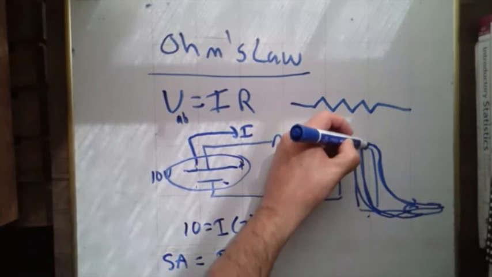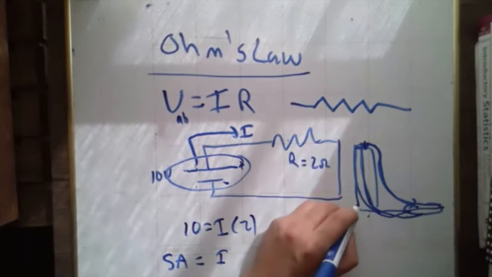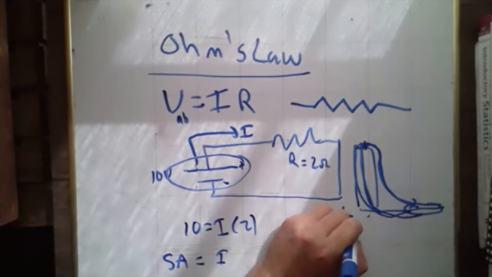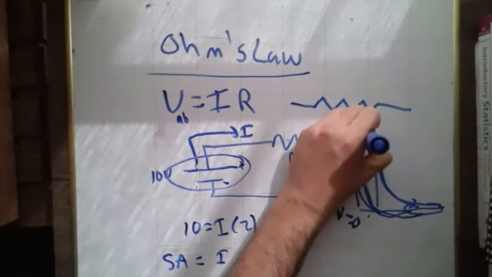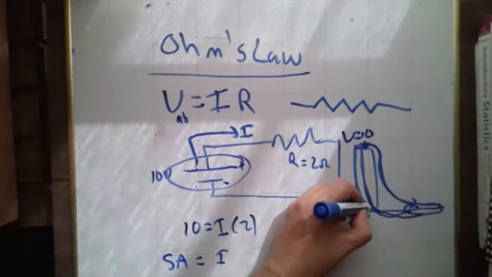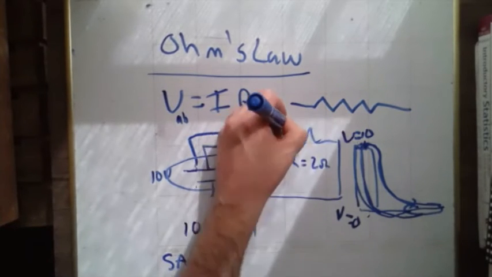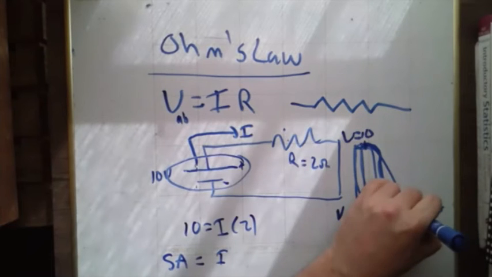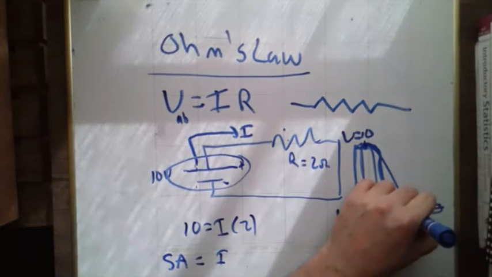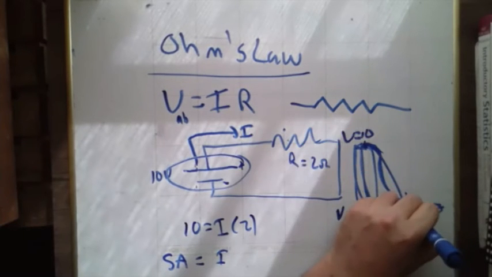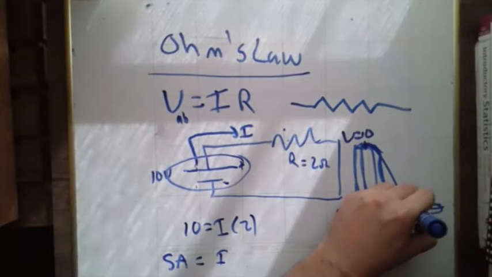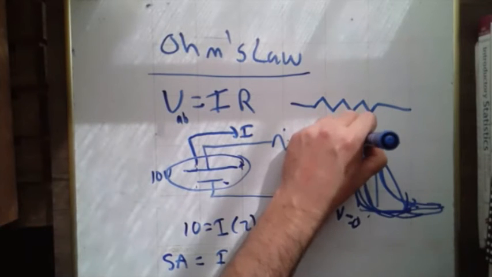It lifts your charges up to a higher potential. Say here V equals 0, here V equals 10. The battery lifts you up to a high potential. As you pass through the resistor, you get a potential drop, and we dropped 10 volts. Then we go back to the battery and get lifted up again.